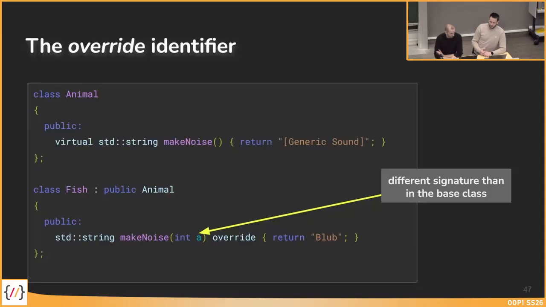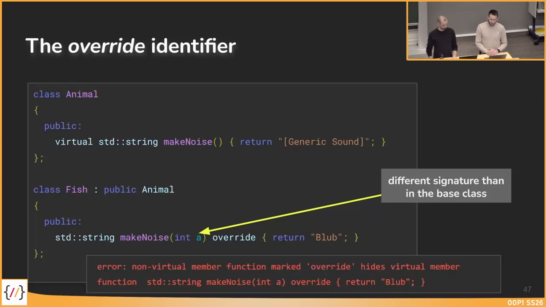Yeah, and the advantage of override we can see at this example. So if we use, for example, in the derived class fish, a different signature for the method make noise, so in this case we add a parameter, then this is a different signature than in the base class.